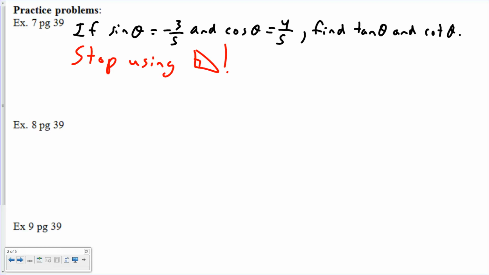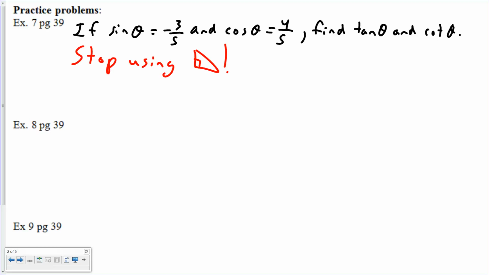So do not draw triangles. You have to use identities. You don't want to skip using identities because later on you have to use identities in the problems. These problems you could do it either way, but later on you're going to be forced to use identities and do a lot of substitutions. So we're not going to use the triangle anymore.